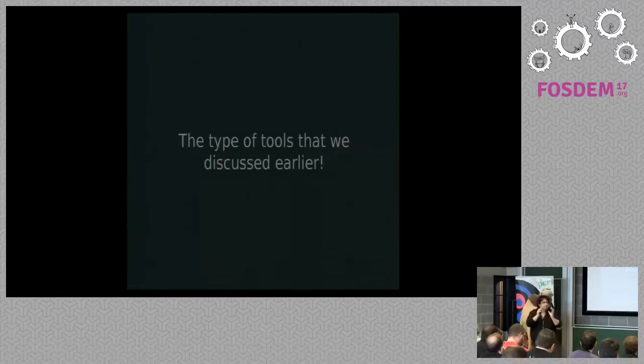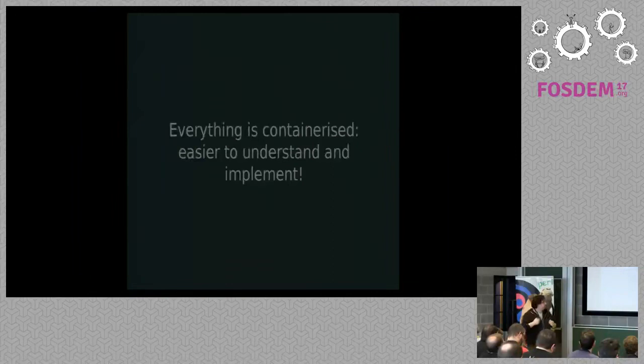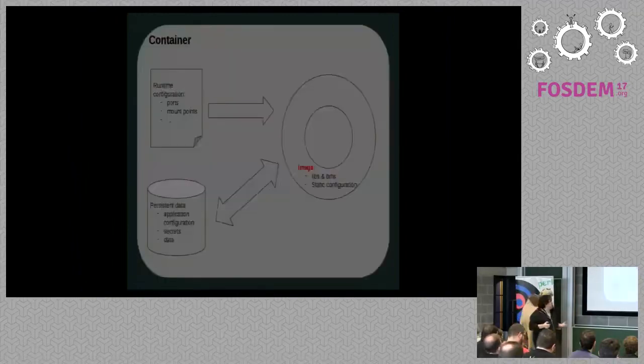You start with a very small Debian or something, and then you say, add this, add that, run that. That's it. But you only do it once, and it gets stored in a kind of binary format. It's very easy to have something very simple. You don't need to complicate stuff at that level. So everything is containerized. Everything is easy to understand, and because of that, it's also easy to implement.